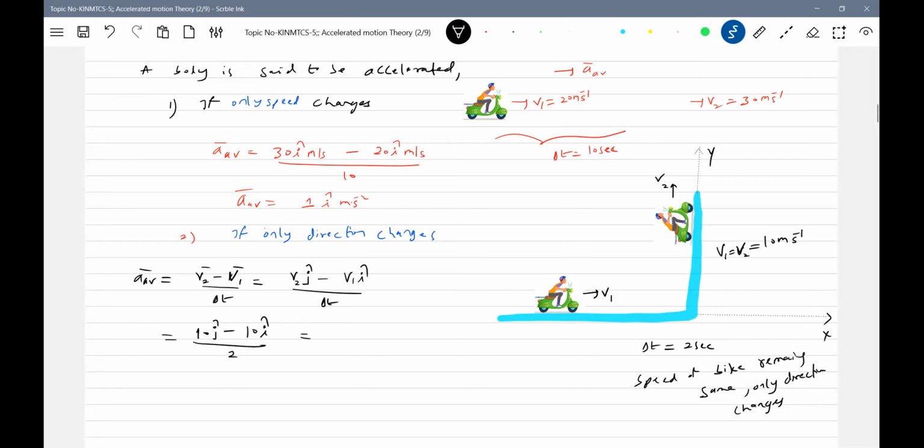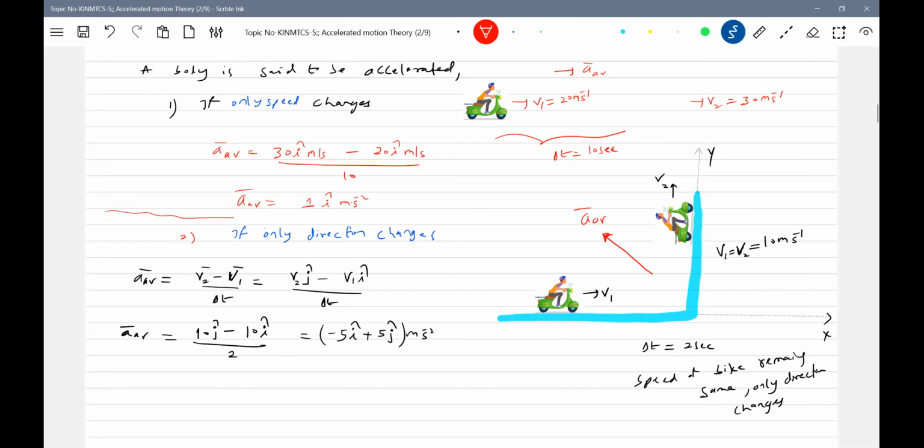This becomes minus 5 i cap plus 5 j cap. The average acceleration will be directed here, so that direction I'm going to indicate like this. The body is said to have acceleration in this direction.